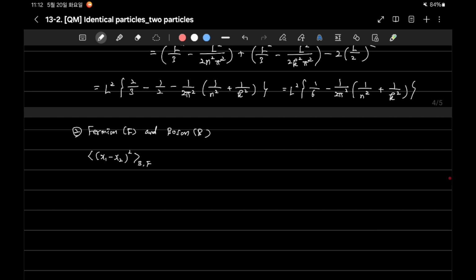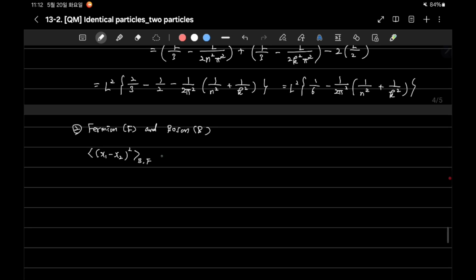The dispersion is x square n minus x square k minus 2 x n x k. Here in the fermion and boson case we should have the additional term. It is minus or plus 2 x n k square. It should have the extra term.